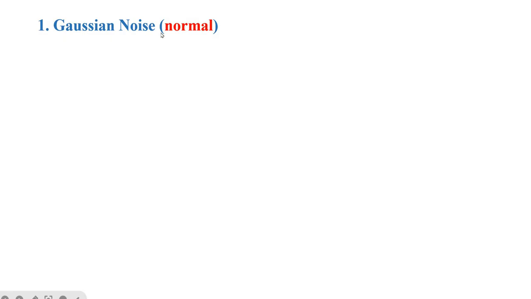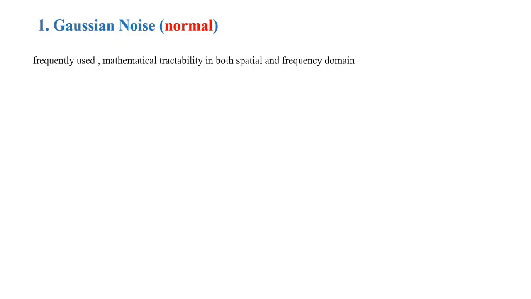First is the Gaussian noise, which is also called the normal noise. These Gaussian noise models are frequently used in practice because of their mathematical tractability in both the spatial and the frequency domain. Tractability means how easily something is handled or solved or managed.